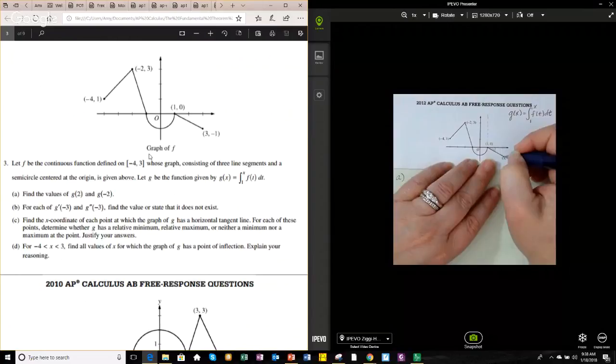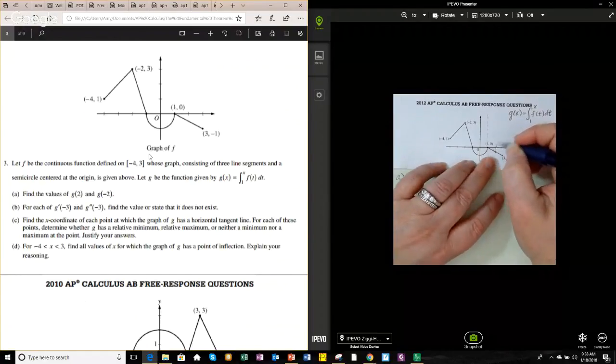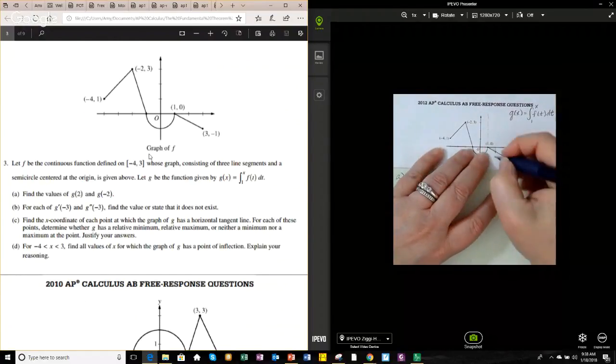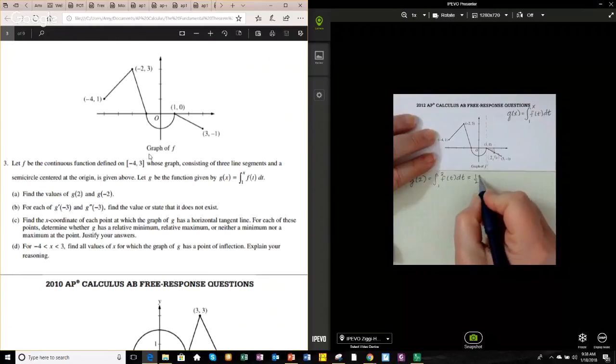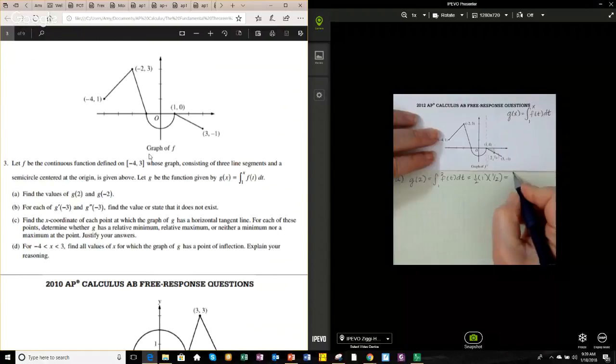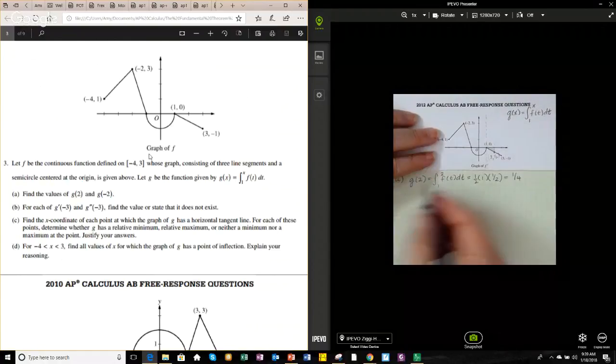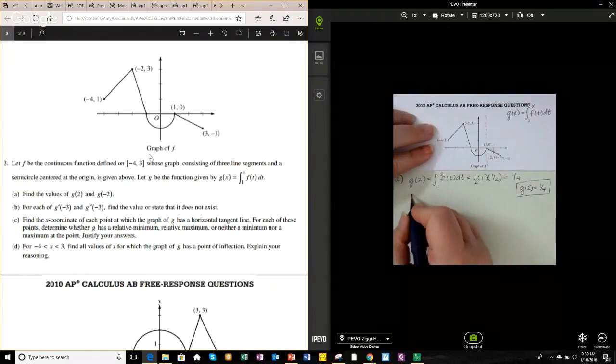So the slope of this line is negative 1/2. So if it's negative 1/2, then we know that this point here is going to be 2, 1/2. Okay, so I know that that's going to equal the area of that triangle, which will be 1/2 its base, which is 1, times its height, which is 1/2. So g of 2 is 1/4. Okay, so we're lucky. We got g of 2 equals 1/4. Good news. 1 point so far out of our points here.